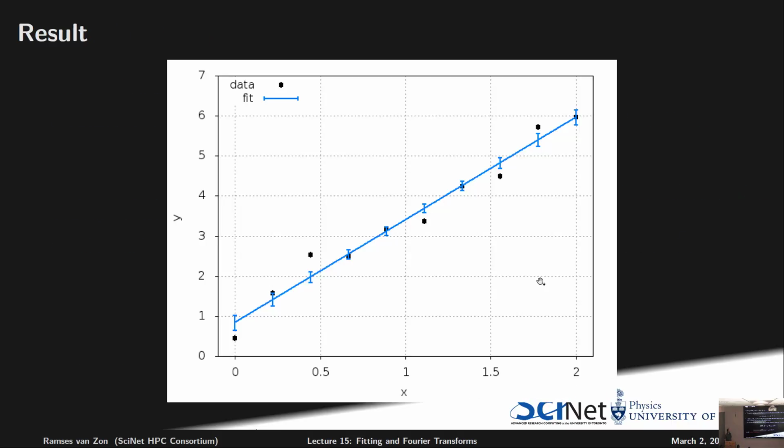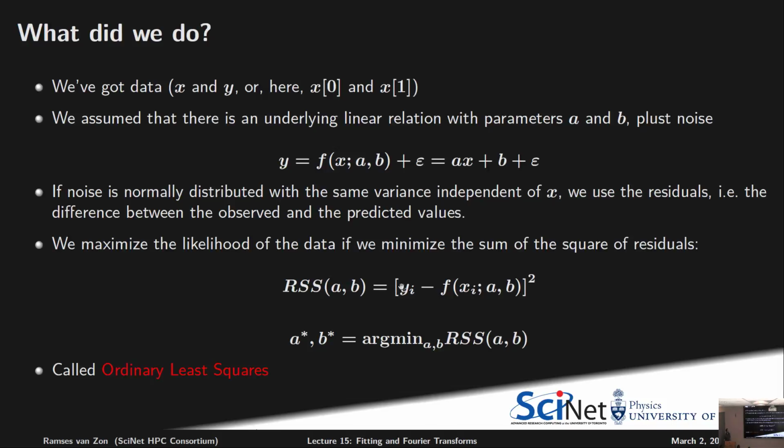So we take the differences of each point and the proposed line, and we square it because we don't want the negative ones to cancel the positive ones. Then we ask what the minimum is. You can argue that this also maximizes the likelihood that these are your correct parameters. So that's another way to see it. So you make the least squares. These are ordinary least squares, and this is what this routine does.